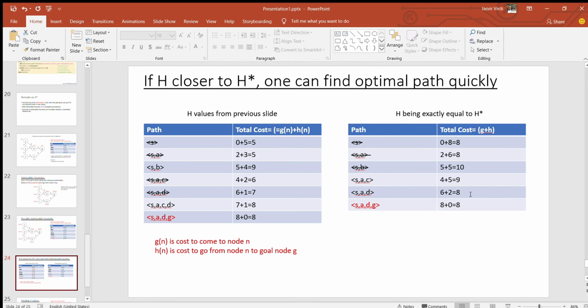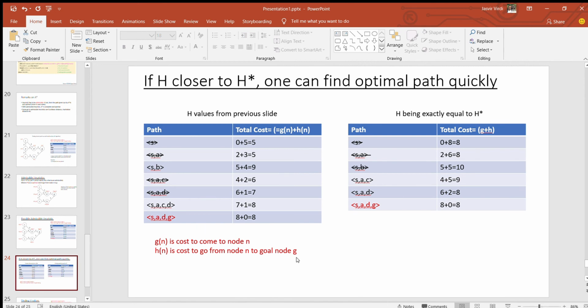And the right box is one where we considered H star values. And again, if you go through the A star algorithm steps, you can see that the optimal path chosen with these H star values is obtained way quicker than in the case where the H values are way different from H star.